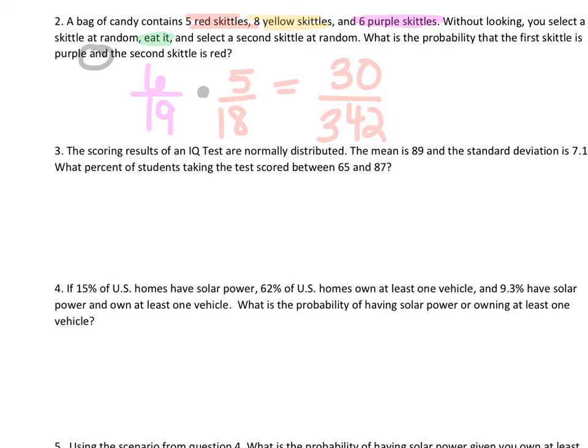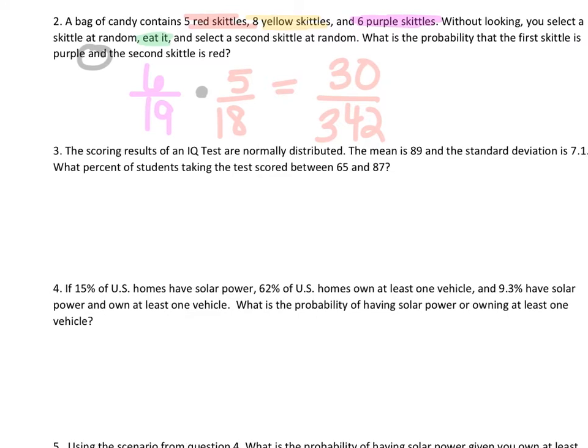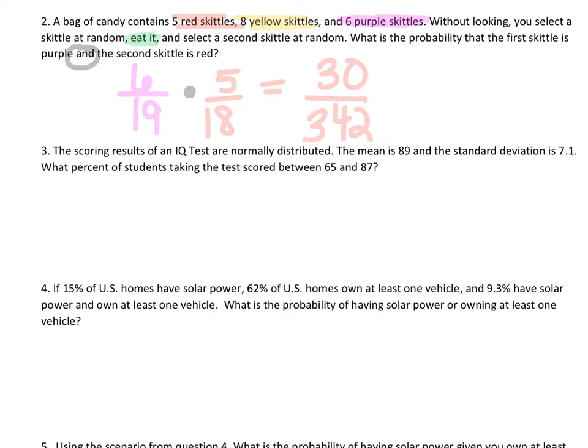The next question says the scoring results of an IQ test are normally distributed. The mean is 89 and the standard deviation is 7.1. What's the percent of students taking the test that scored between 65 and 87? So the first thing is that this is normally distributed, which means that you have a bell curve. The mean is 89, so I can put that in the middle.